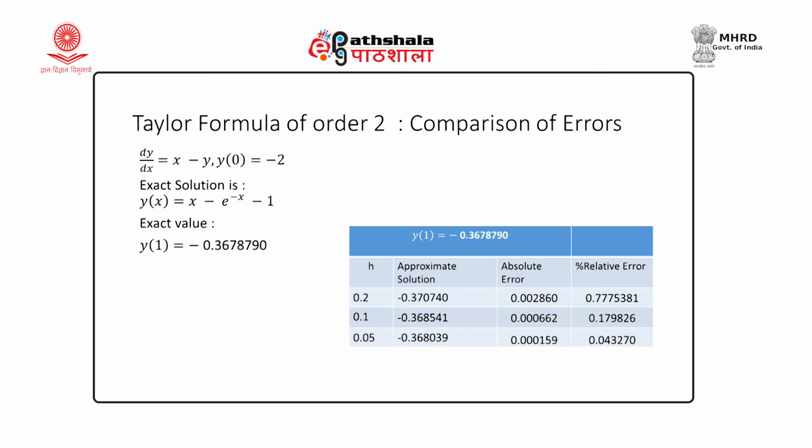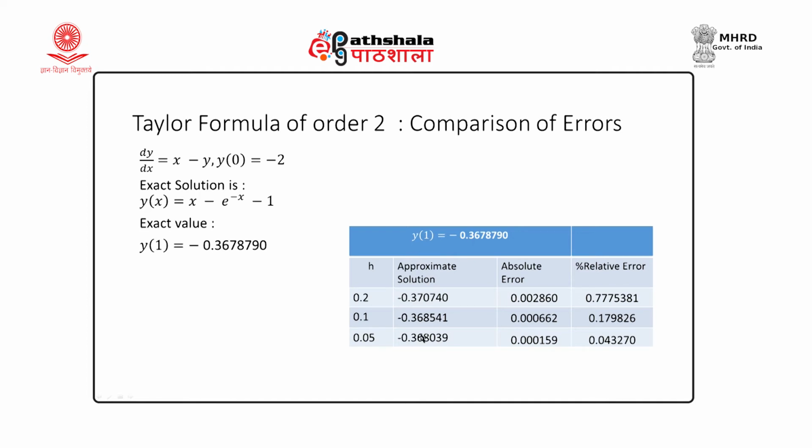If I compare this Taylor series of order 2 with different step sizes, this is our x minus y, y0 is minus 2, and this is the exact solution. If we compare h equal to 0.2, h equal to 0.1, h equal to 0.05, we went on reducing the step size. Our approximate solution went on improving.